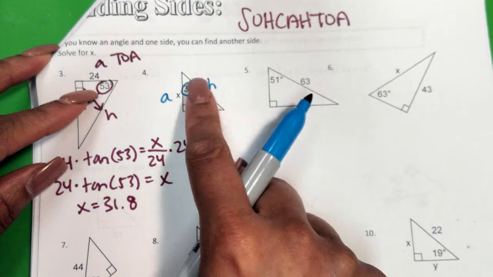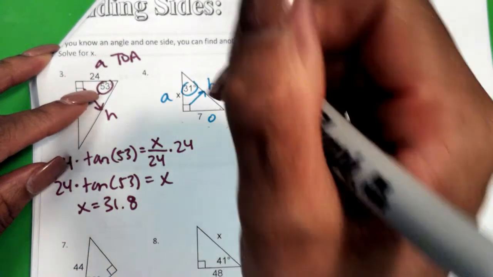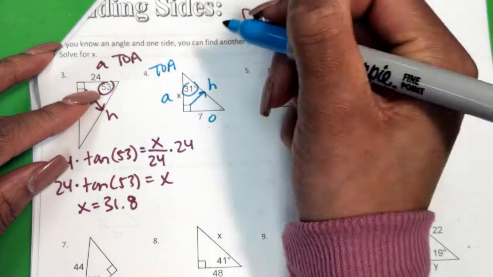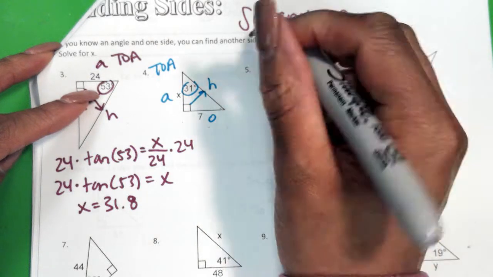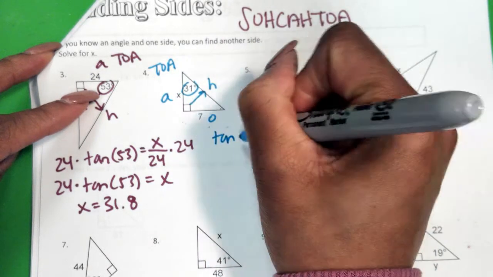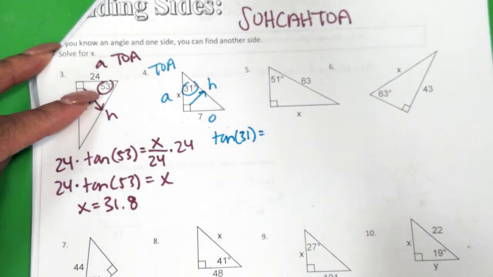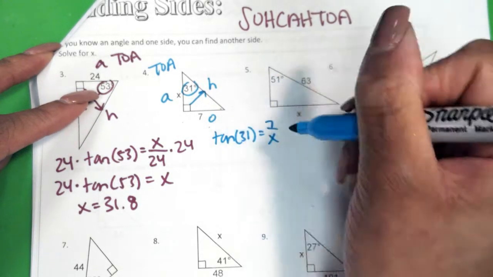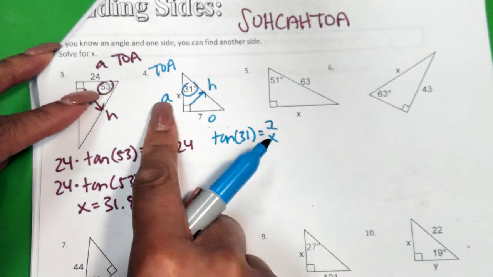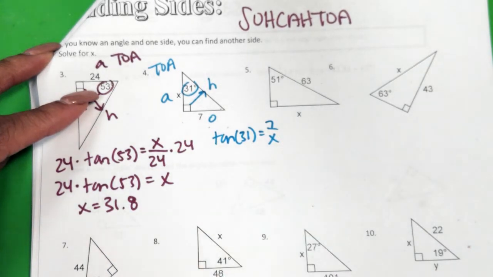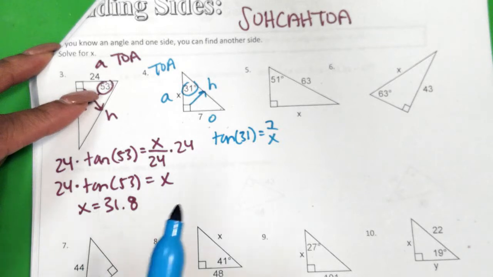I cannot. And so the one that doesn't have a hypotenuse is tangent, so TOA. So, same example. I have tangent of my reference angle, which is 31, equal to 7 over x, because 7 is the opposite, which goes first over your adjacent.